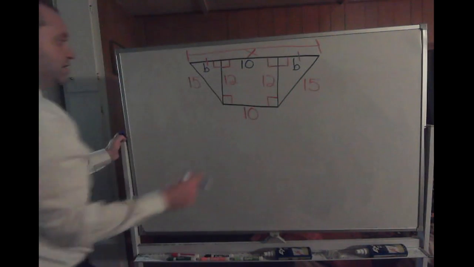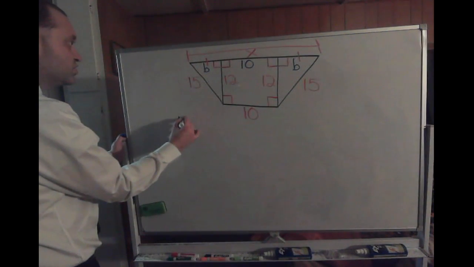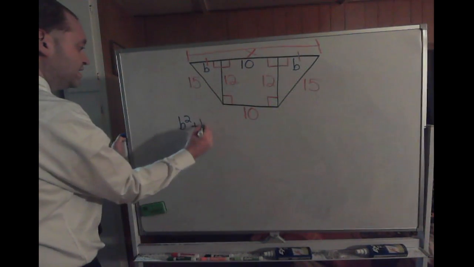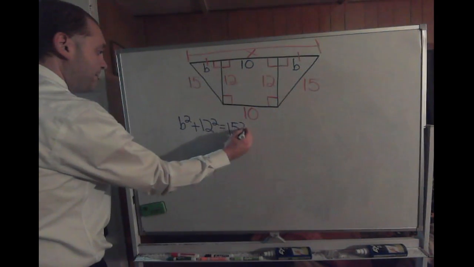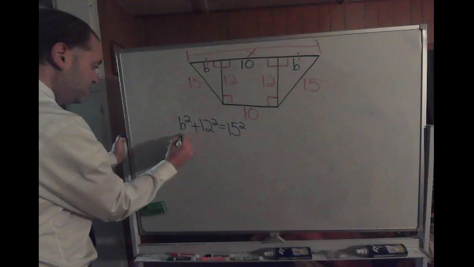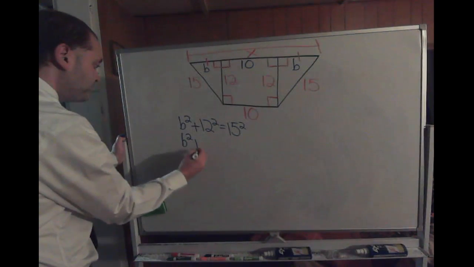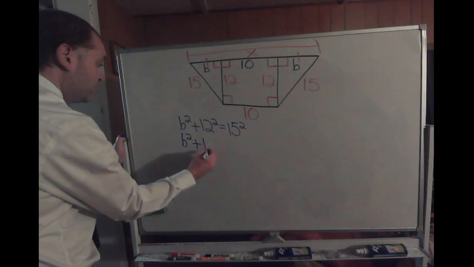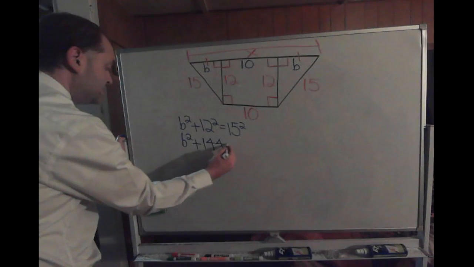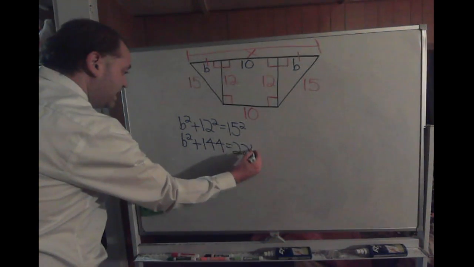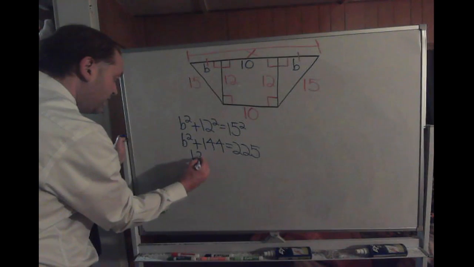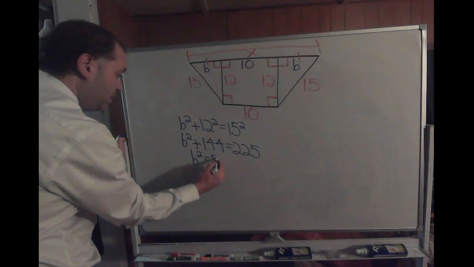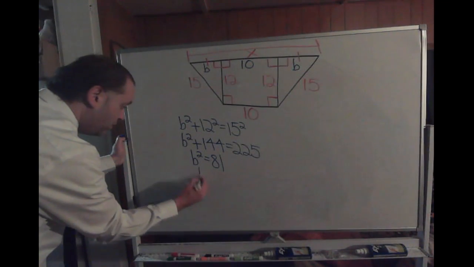Let's break this down. So b squared plus that length of 12 squared would equal 15 squared, right? So then you would have b squared plus 144 is equal to 225, which gives you b squared equals 81, and the positive square root of 81 is 9.